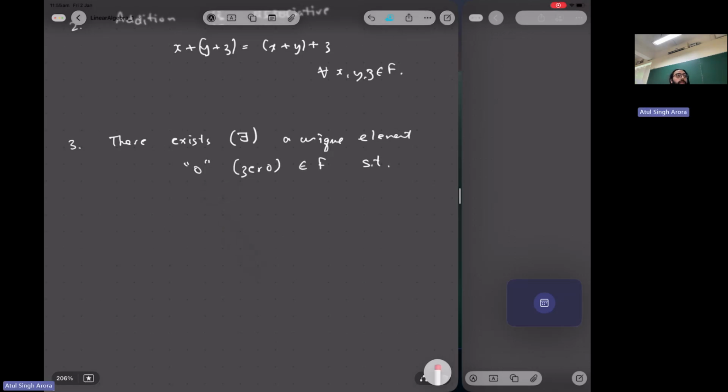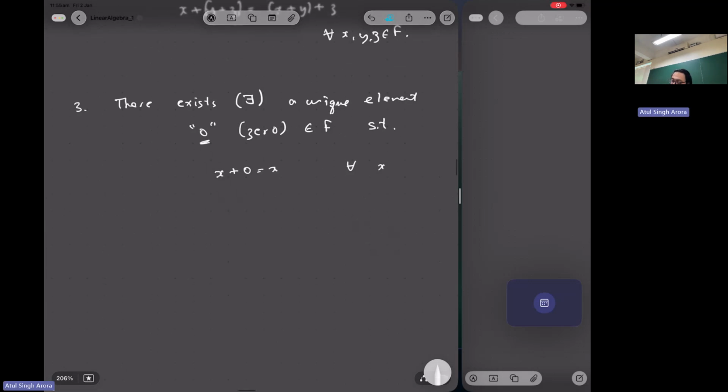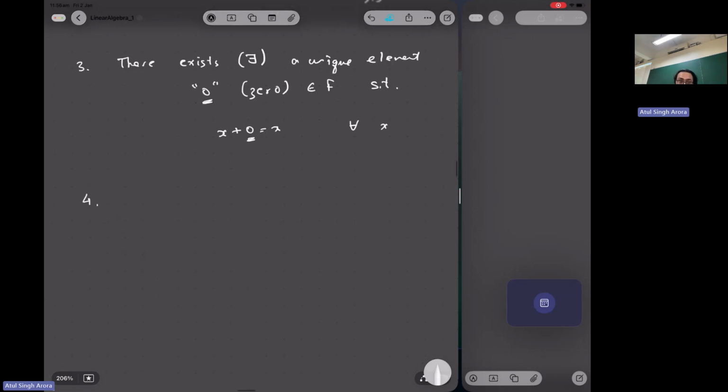Exactly. So x plus 0 gives you x. If it's true for all x, then we say it's essentially 0. Note that I'm using the same symbols because these are suggestive, but in general they could be something more abstract. So if any element is such that when you add it with any other element of the field you get exactly the same element, then this element is what I will call 0.